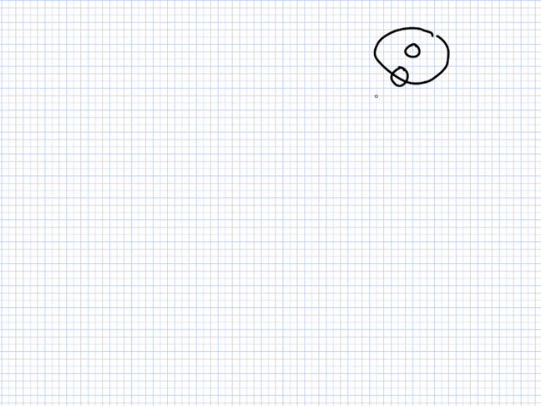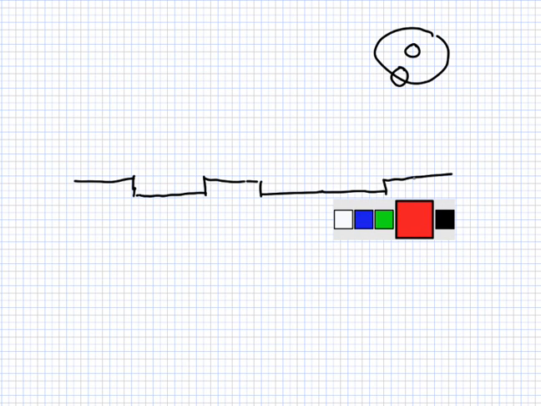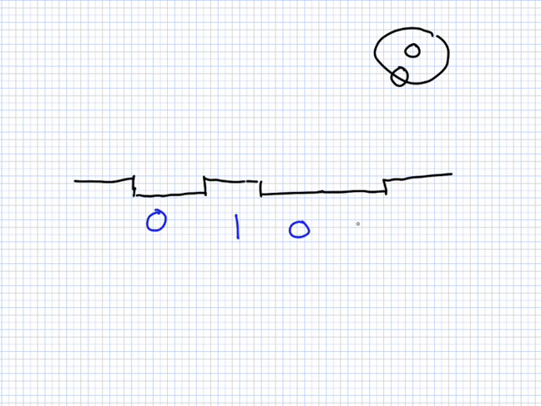If you look at the surface of the CD, if I draw it, there are parts in the CD where there's a hole, and then there's parts where there's not a hole, then maybe there's two parts where there's a hole. It's kind of like up, down, up, down, up, down. When it's down, it's a 0, and when it's up, it's a 1. So this is a 0, this is a 0, this is a 1, this is a 1. So your computer reads the CD. But how does it read the CD?